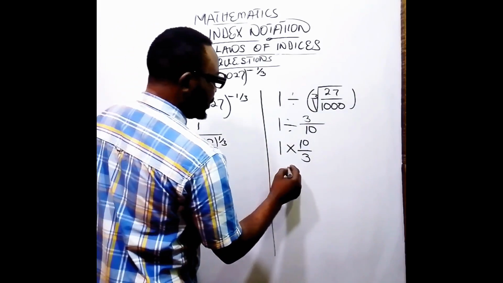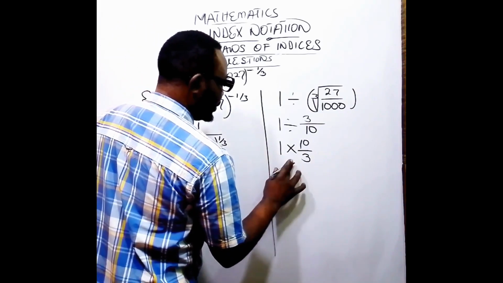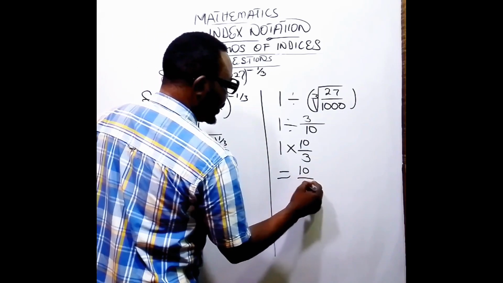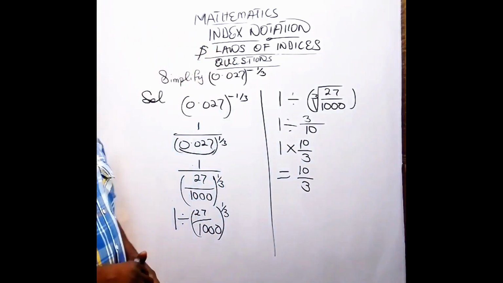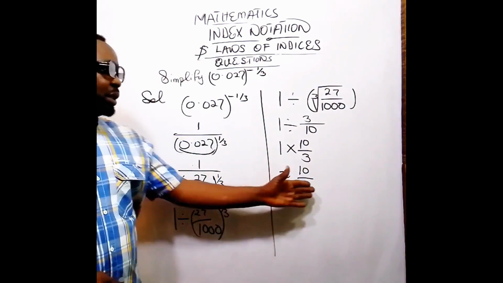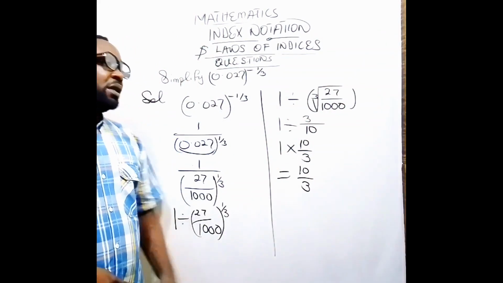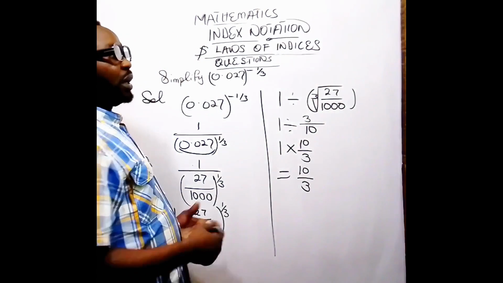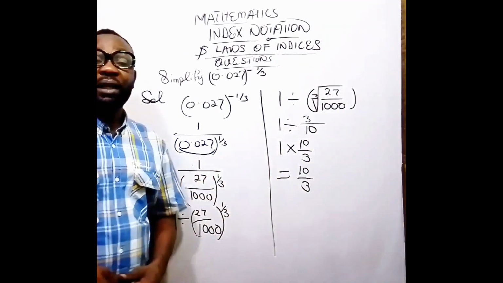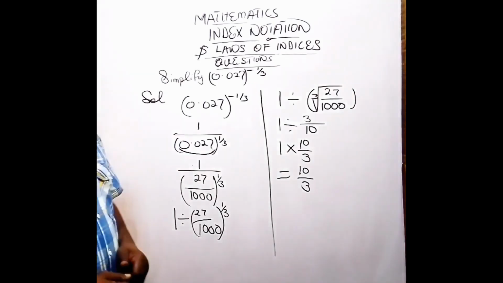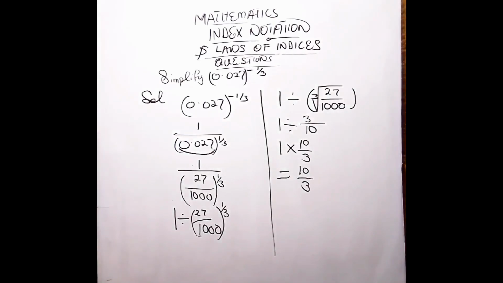So the final answer is 10 over 3. If we are asked to find the decimal value, you can just write 3.333. But I think 10 over 3 is the right answer. It's correct like this. Now, we have another question which I'm going to treat with you.